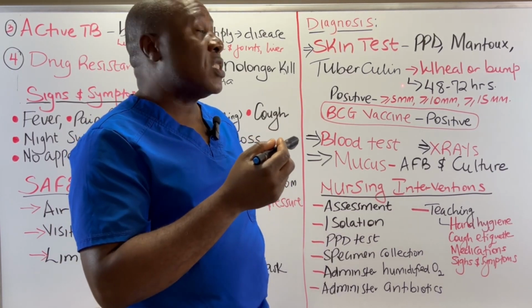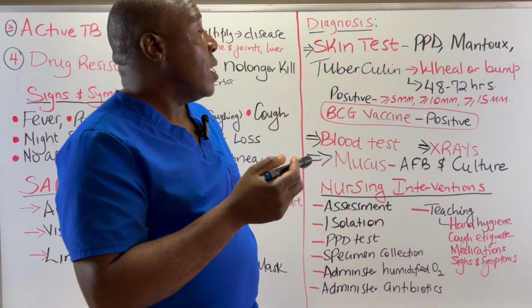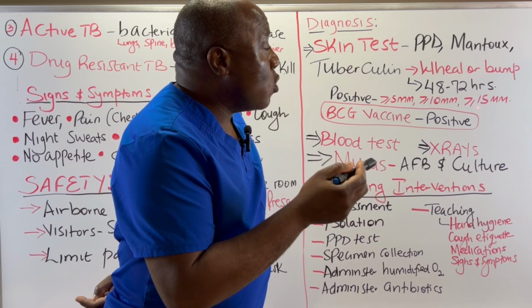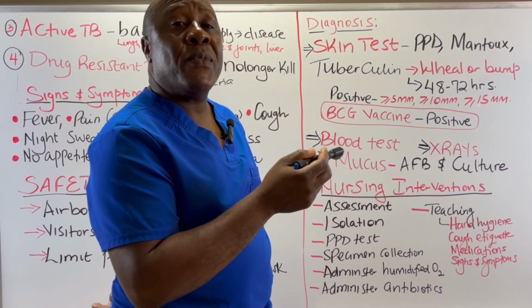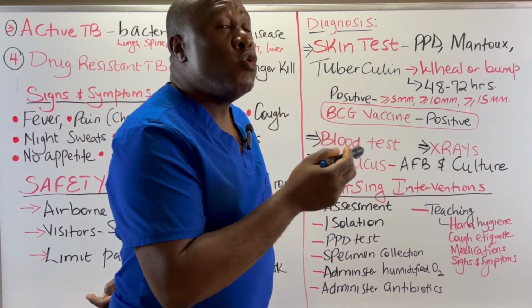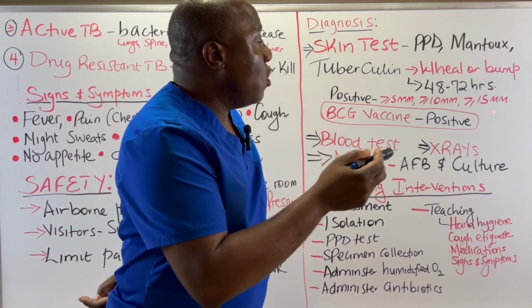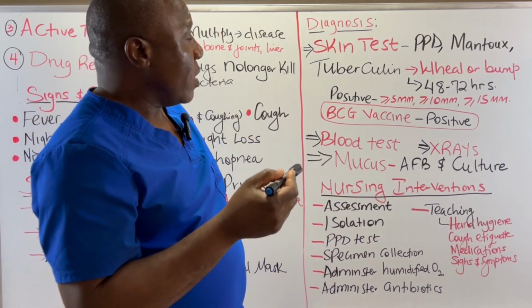If the induration is greater than or equal to 10 millimeters, then they are considered positive. And then anybody who is greater than or equal to 15 millimeters is positive. It doesn't matter your condition. Whether you are immunocompromised or not, you are positive whenever the induration is 15 millimeters or more.